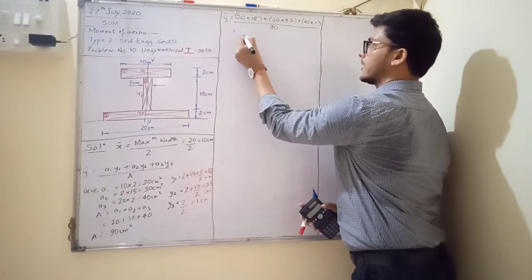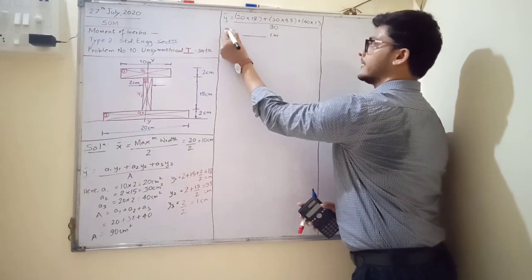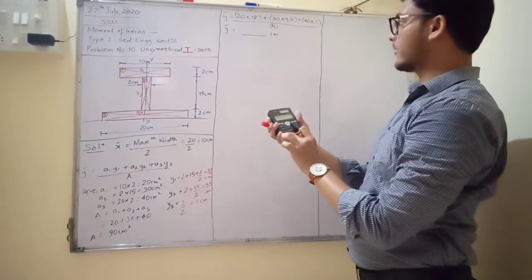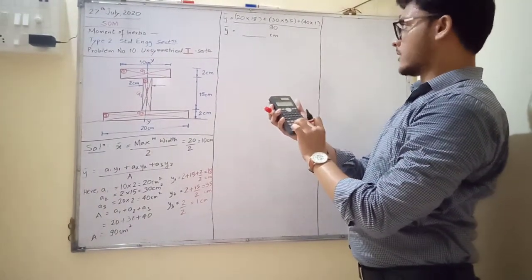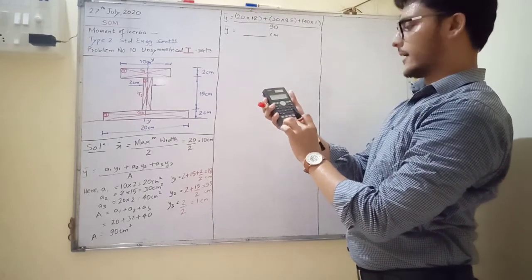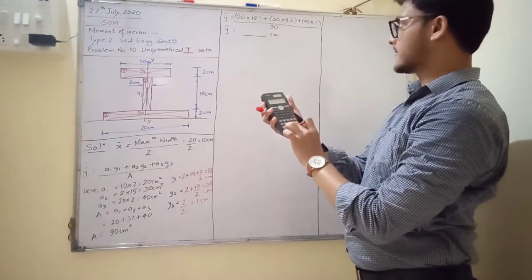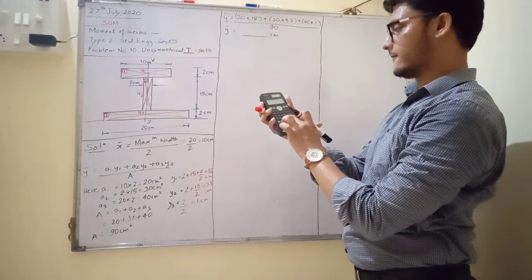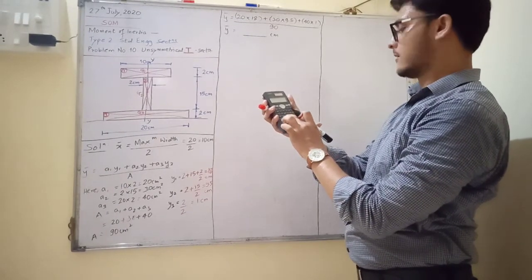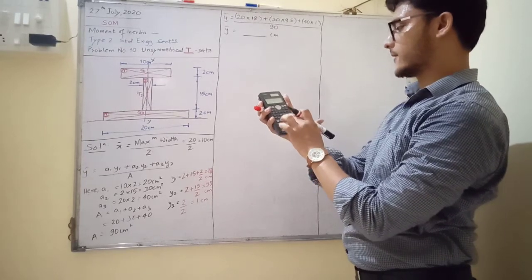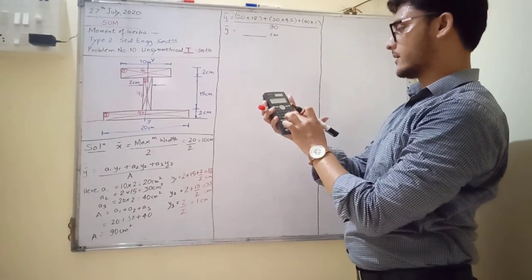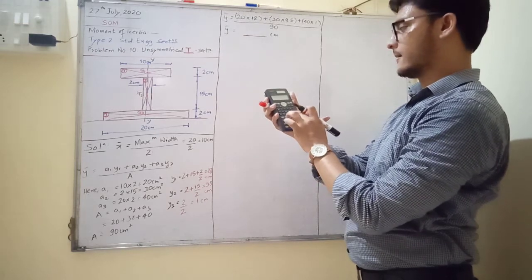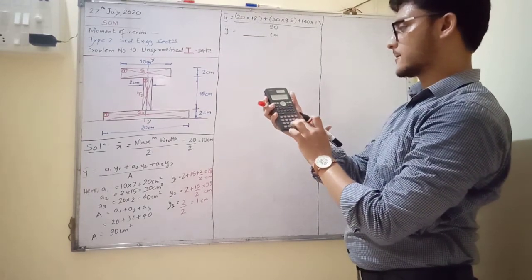On solving this in the calculator, we will get the value of y bar in centimeters. I am calculating here. Numerator in one bracket, open double bracket, 20 into 18 plus 30 into 9.5 plus 40 into 1, divided by the denominator 90, double bracket close.